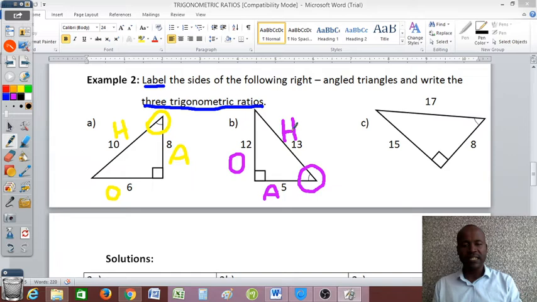And in the third one, we have given this angle. As you can see, the arc is here. So the side which is opposite to that given angle is O with 15 units. And this one is adjacent, A. And the longest side is the hypotenuse, H.